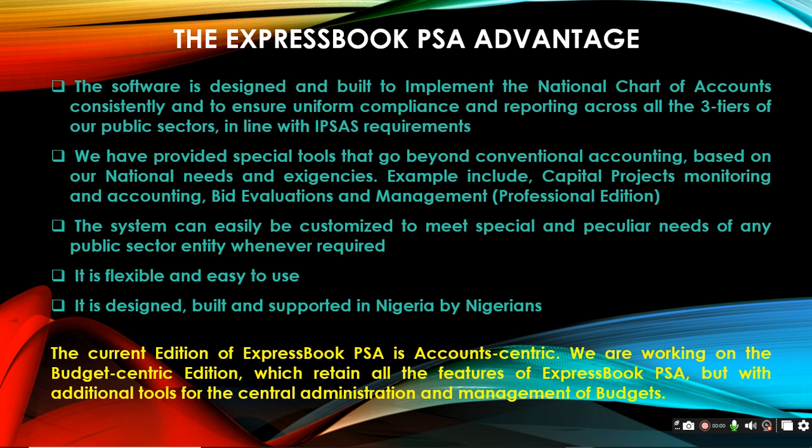We also have bid evaluation management, which procurement can use to manage its bids online, from the bidding process through to evaluation, then awarding the contract, and then service level agreement. So we can easily customize the system to meet any special need of any jurisdiction, any public sector entity. We've done that when we see that there are things that are special in a particular place. We incorporate that into the system seamlessly, and the work goes on.